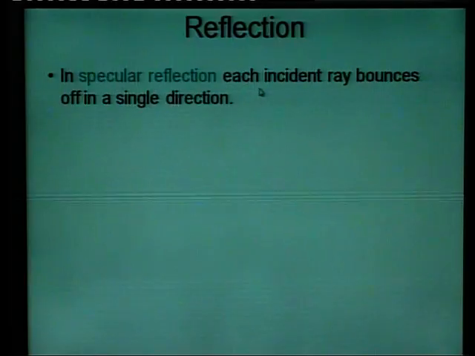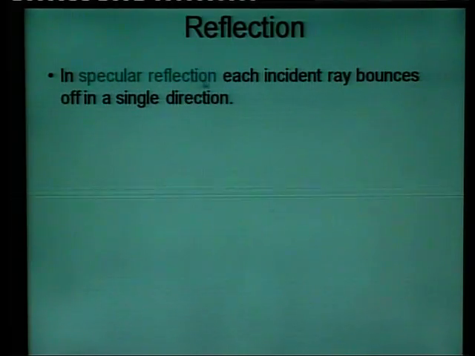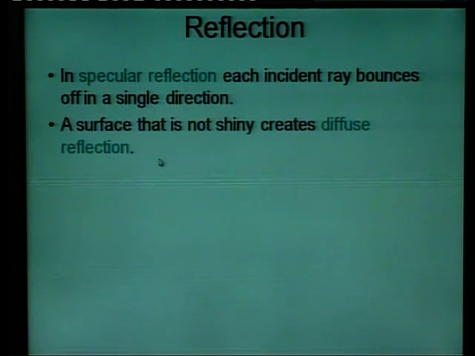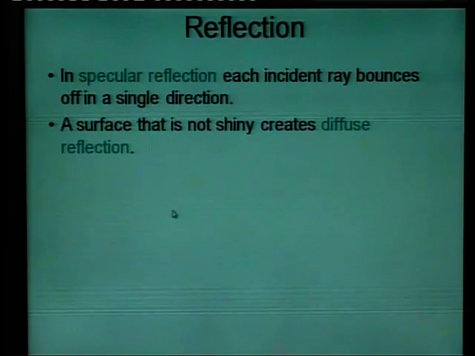In specular reflection, each incident ray bounces off in a single direction. A surface that is not shiny creates diffuse reflection. So when the surface is very smooth and polished, the reflection is specular reflection. But when the surface is rough, then the reflection is diffuse reflection.